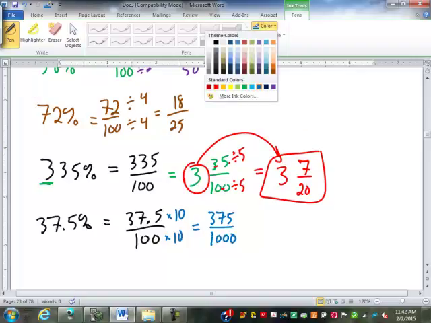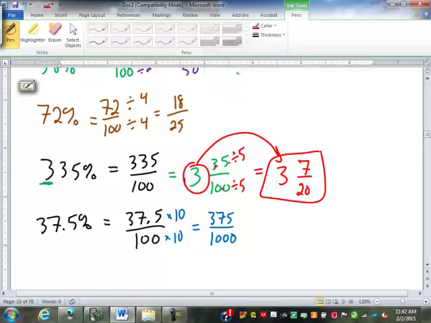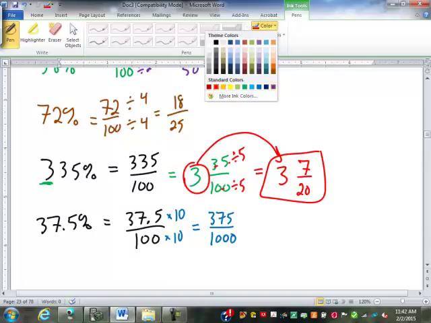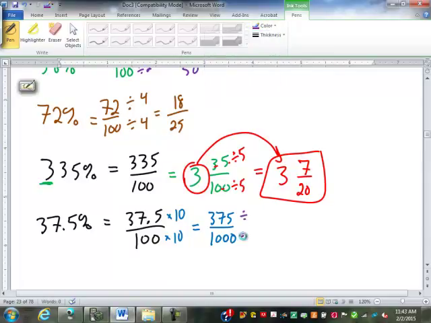And now both of those can be reduced. What can I divide both of those numbers by? You might see 25. 375 divided by 25 would be 15. 1,000 divided by 25 would be 40, but we can still divide by 5. Will give us 3/8.